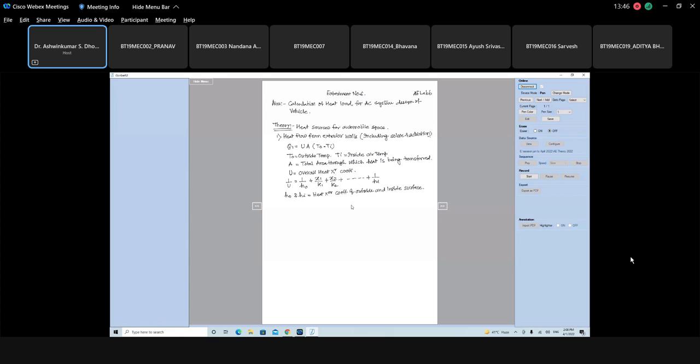X1 and X2 are the thickness of the sheet metal and insulation respectively.